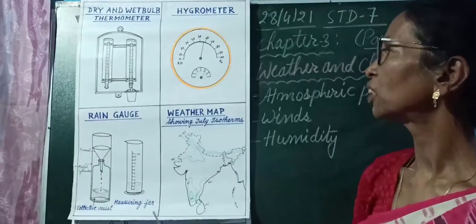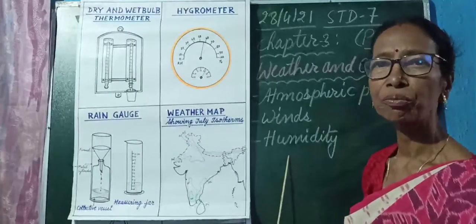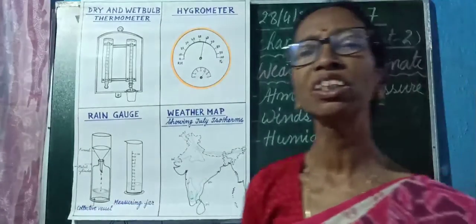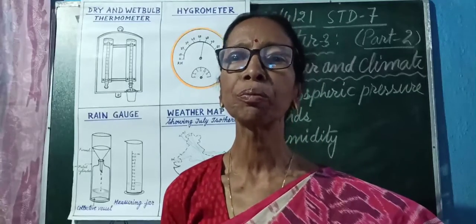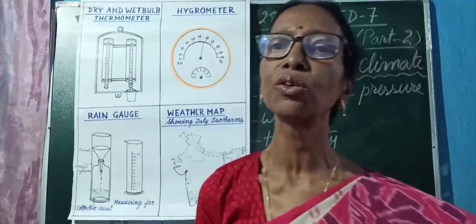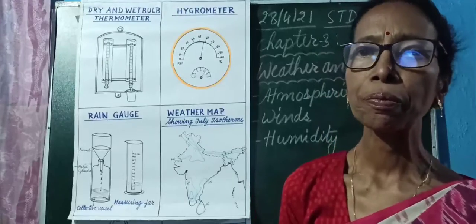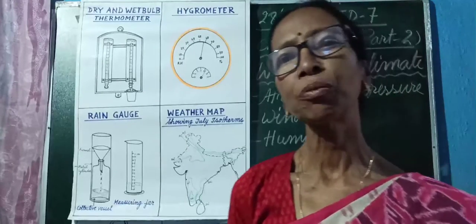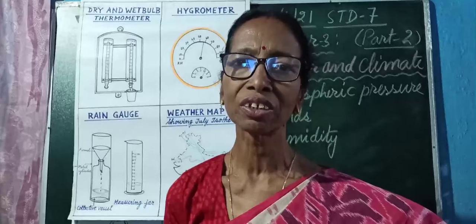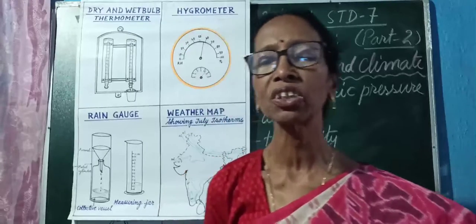The next important element is humidity. What do you mean by humidity? The water vapor present in the atmosphere is called humidity. It depends on the rate of evaporation. What do you mean by evaporation?